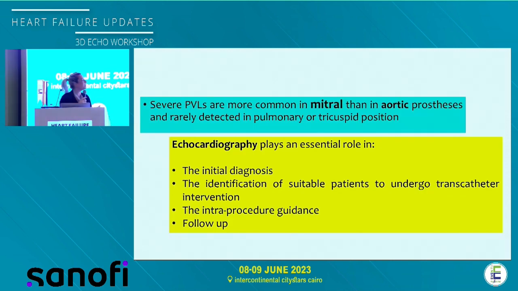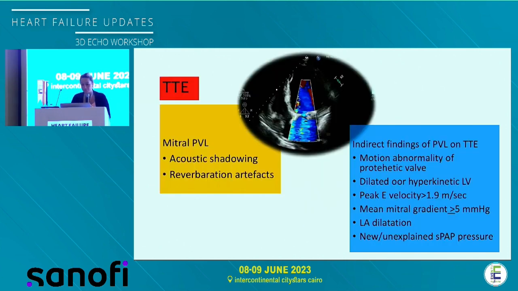And severe PVLs are more common in mitral, as I've already mentioned, and we also see them rarely in pulmonary and tricuspid positions as well. And echocardiography plays a very essential role in the initial diagnosis, in the identification of suitable patients to undergo transcatheter intervention, intraprocedural guidance, of course, and for the follow-up as well.